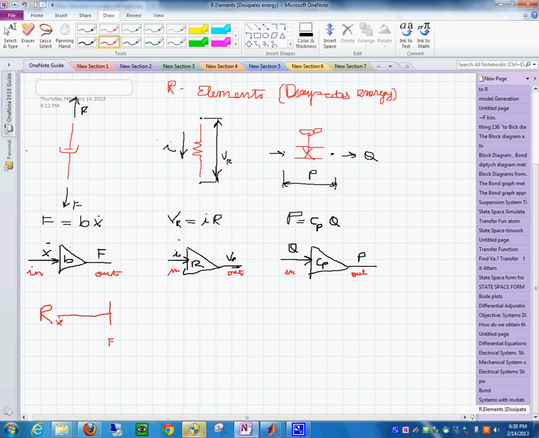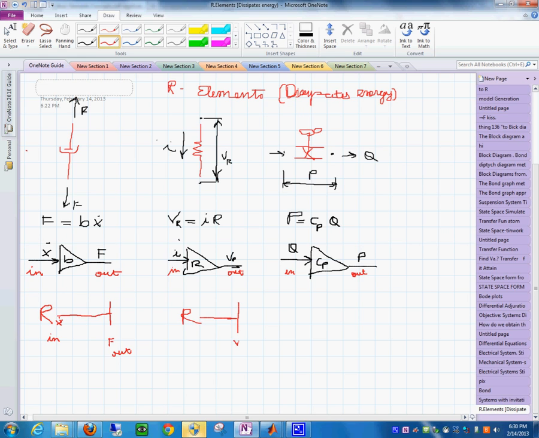So, consistent with what I just did up, this is into the element, this is out of the element. Yeah? And in here, I can have that this is the R element like this, and the output of this is the voltage, right?